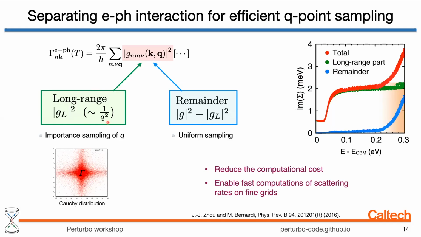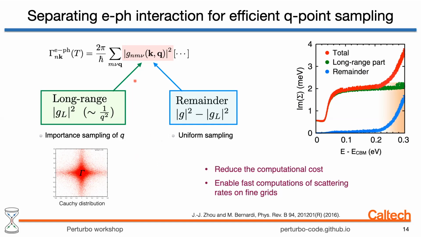But in any case, what this means is that as q goes to 0, this diverges. And this means that when you try to calculate this numerically, this is not a very well-behaved function. And it means that you need to sample much, much more finely in this region near q equals 0 in order to capture how your function looks when it diverges.